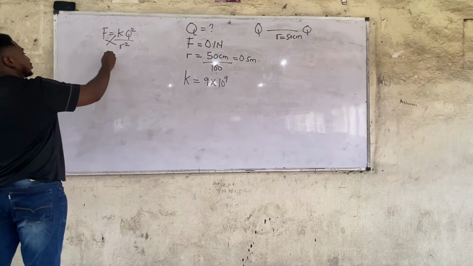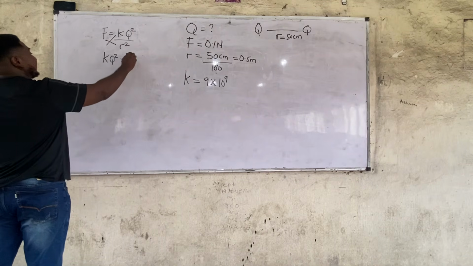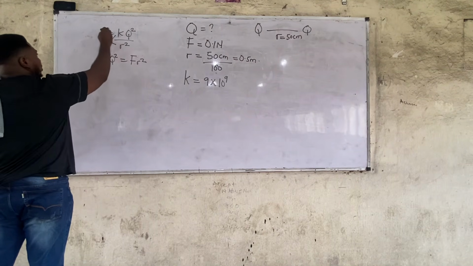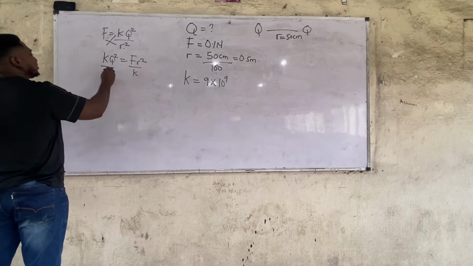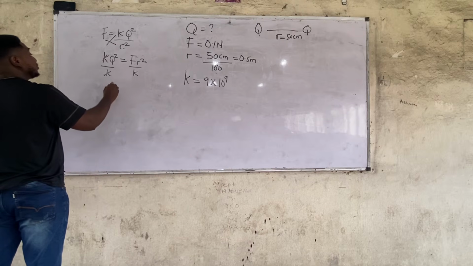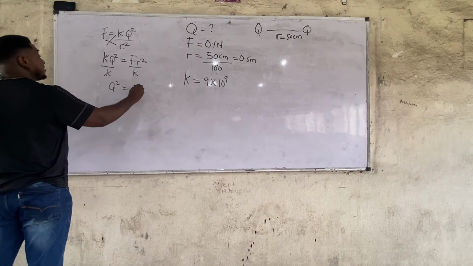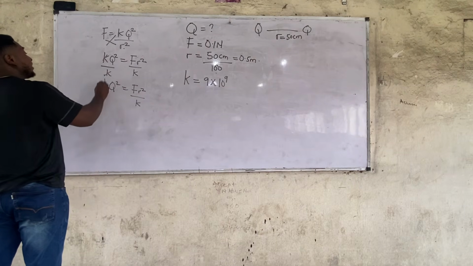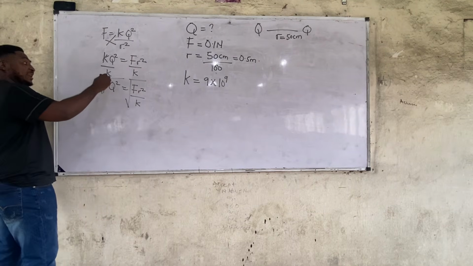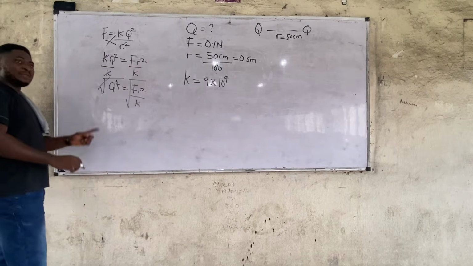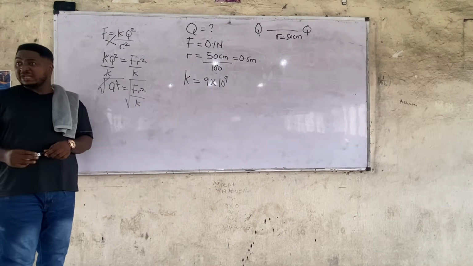So we have KQ squared equals F R squared. Divide both sides by K, so that K cancels K, so that Q squared equals F R squared over K. Then find the square root of both sides so that Q can be alone. Anytime a square root meets a square, they cancel each other.